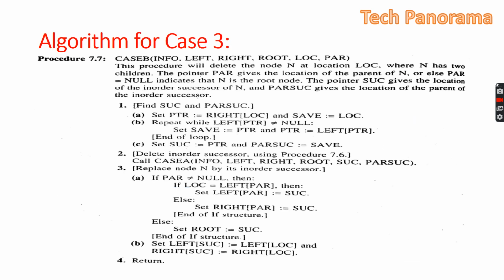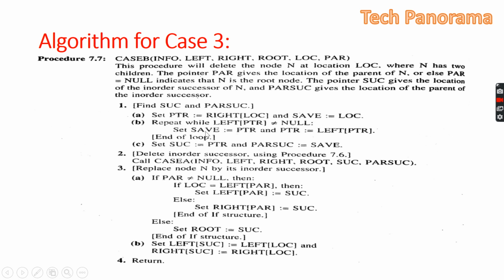Now this is an algorithm for the case B. So first we input the parameters info, left, right, root, location and the parent. So we have to find the successor and the parent successor of the node that we are going to delete. Set ptr is equal to right of the location, and we will note save is equal to location.